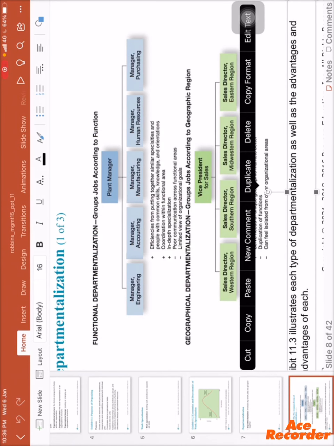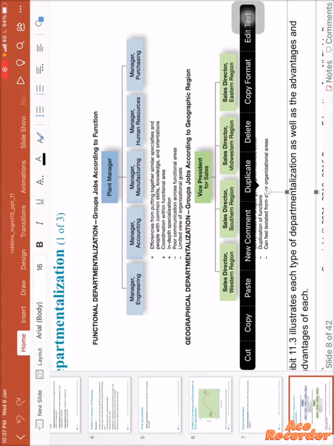Alright, so basically we have for the functional kita ada engineering, accounting, manufacturing, human resource, and purchasing. So we group into this functional. So there might be tend to mix people with the common skills, knowledge, and orientation. So dalam department tu, kalau katakan dalam marketing, so all marketers will work together, will be coordinated with the specialization.